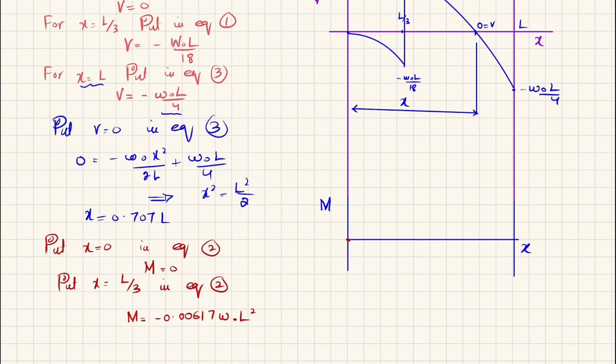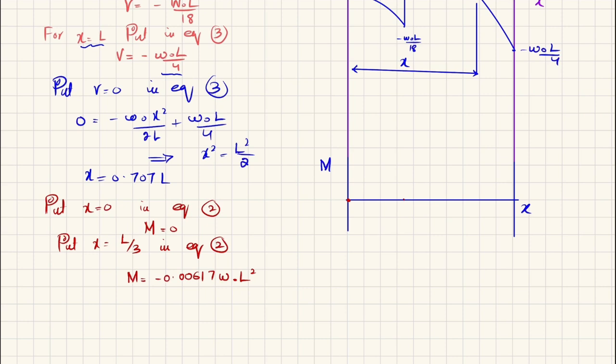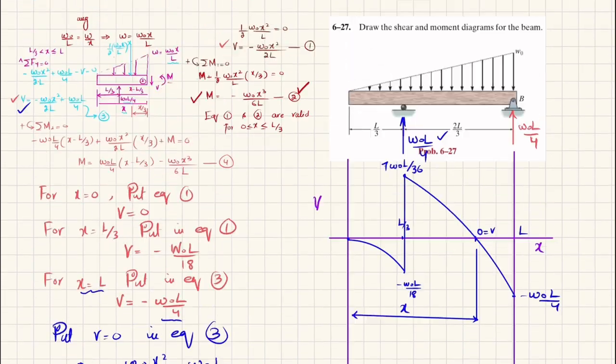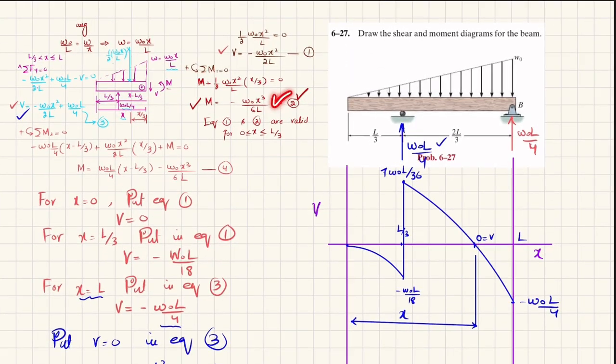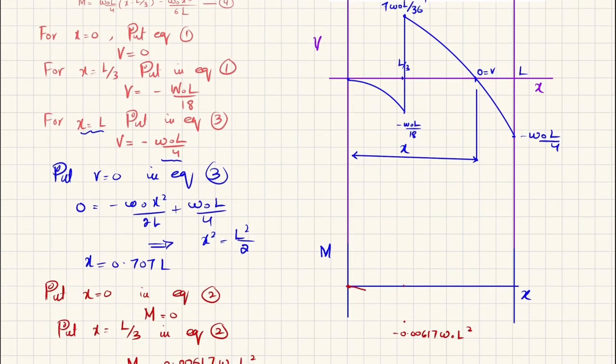If I project this point, this will be the L by 3 length. So here we will plot minus 0.00617 W naught L square. And you can see this moment equation is a third degree equation, and that is negative. So the curve will be like this one.